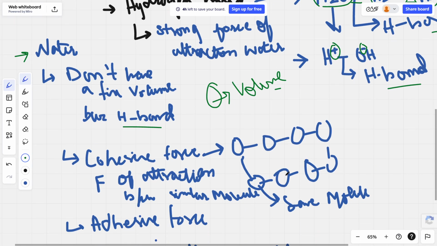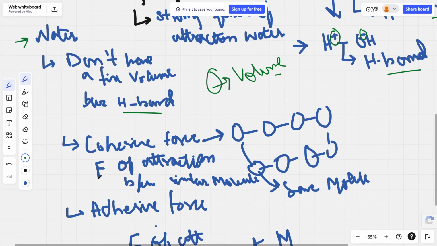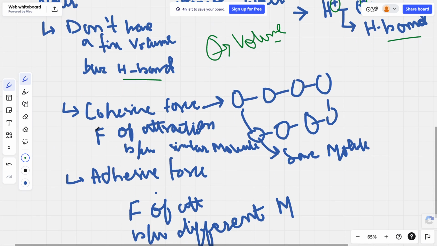Moving further, the different forces of hydrogen bond are the cohesive force and the adhesive force. Okay, the cohesive force is a force of attraction between similar molecules. For example, I am making a bond in which the molecules are similar to each other, like this.